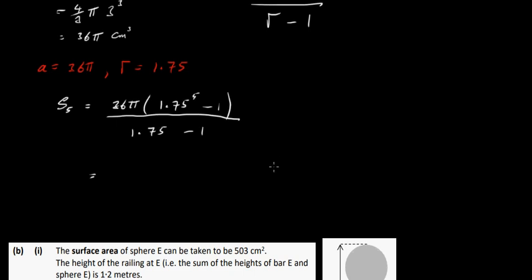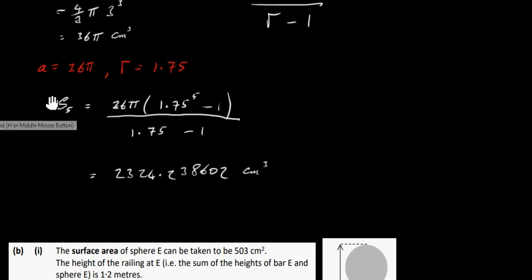Try not to put it all into your calculator in the one go. Maybe do the top line first and then the bottom and then do the division, but you get 2324.2388602. This is centimeters cubed when you add them.